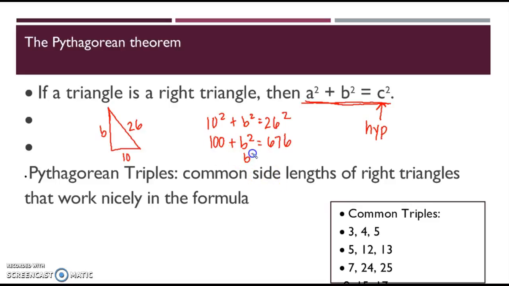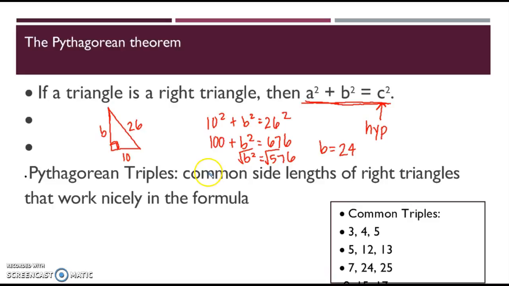Subtract my 100, I get b squared equals 576. Square root to cancel out the square, and we end up with b equals 24. Alright, so you just plug in what you know, making sure that your hypotenuse is always the c, right? And my right angle is right there.